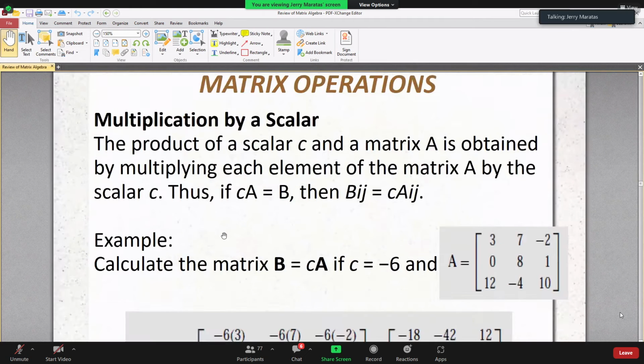Now, next operation. Multiplication, but this time by a scalar quantity or a constant. Okay, a scalar value or a constant.